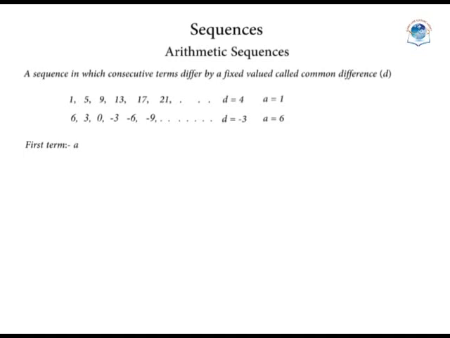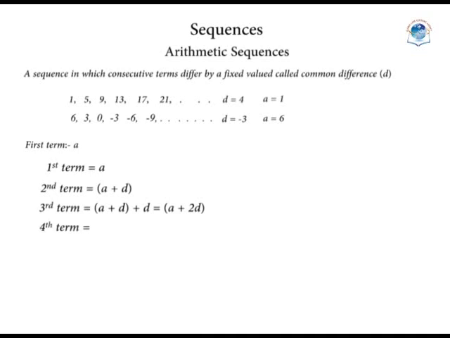Because in an arithmetic sequence the terms differ by D, then the first term is A. The second term is obtained by adding D to the first term, and so we shall have A plus D. The third term is obtained by adding D to the second term, and so we shall have A plus D plus D, giving us A plus 2D.